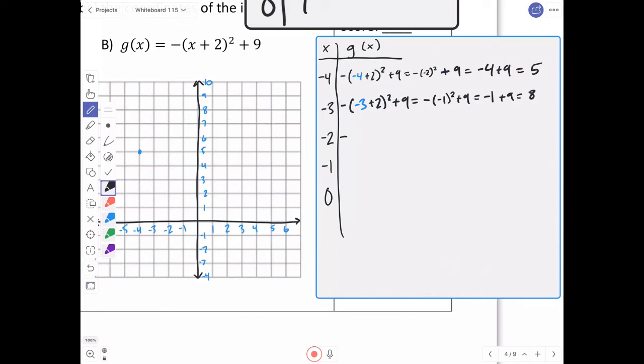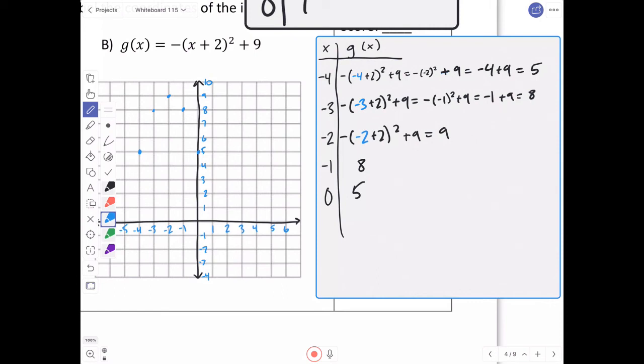And then look at the very most recent quiz. -2 plus 2 squared plus 9 is going to be 0 plus 9 is 9. And 8 and 5. So I had 8, 9, 8, 5.